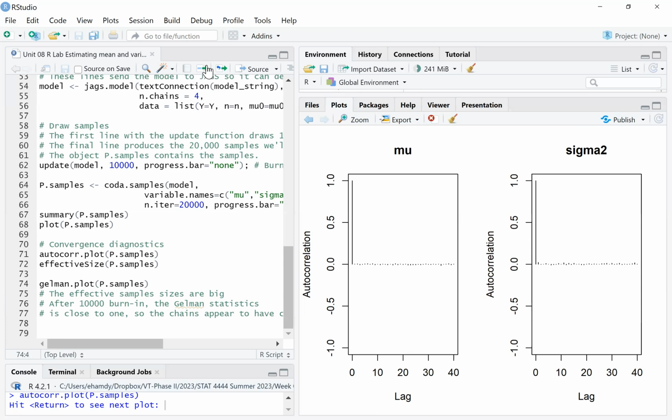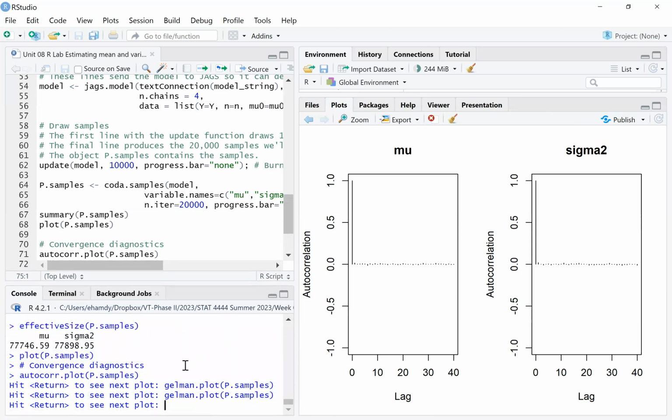So let's calculate the Gelman-Rubin plot. I need to hit enter.